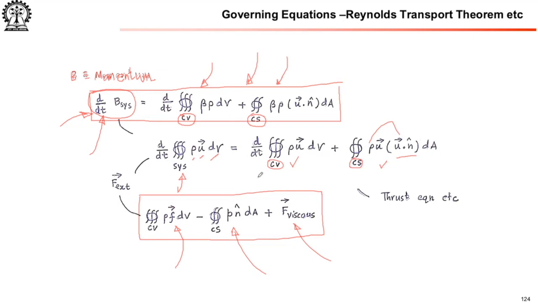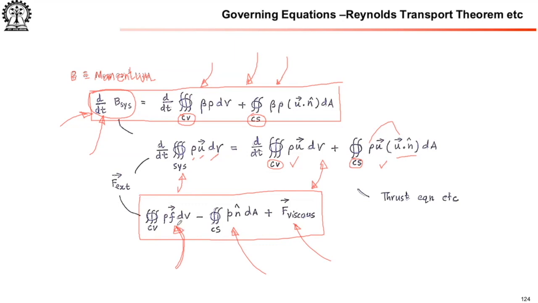So to find the forces that are creating that change of momentum of the system, you have to find the forces acting on the wall of your control volume at time t, plus the body forces acting on the mass within the control volume, and then these two things can be equated. This is an important concept: the force on the system that is creating this d/dt of momentum of the system is nothing but the forces acting on the surface of the control volume at time t, plus the body force term.